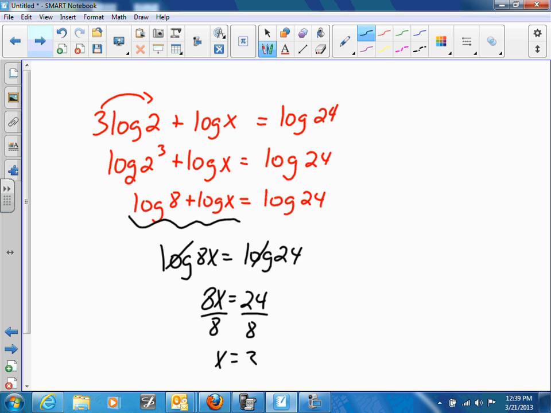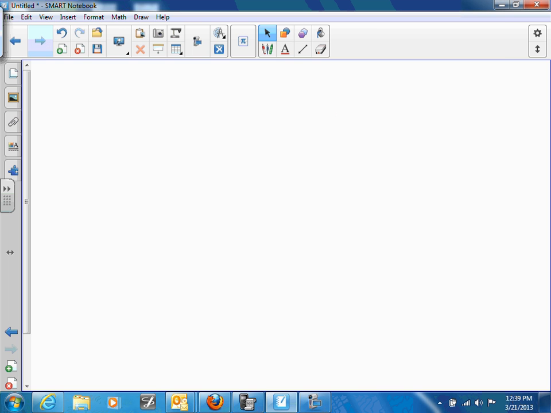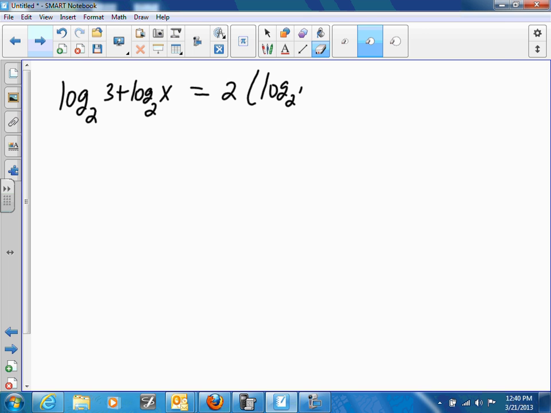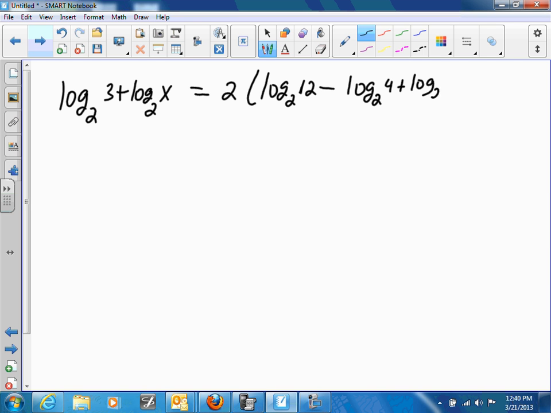And then the last one that we're going to do is a little combination on both sides. Log base 2 of 3 plus log base 2 of x equals 2 times log base 2 of 12 minus log base 2 of 4 plus log base 2 of 3.